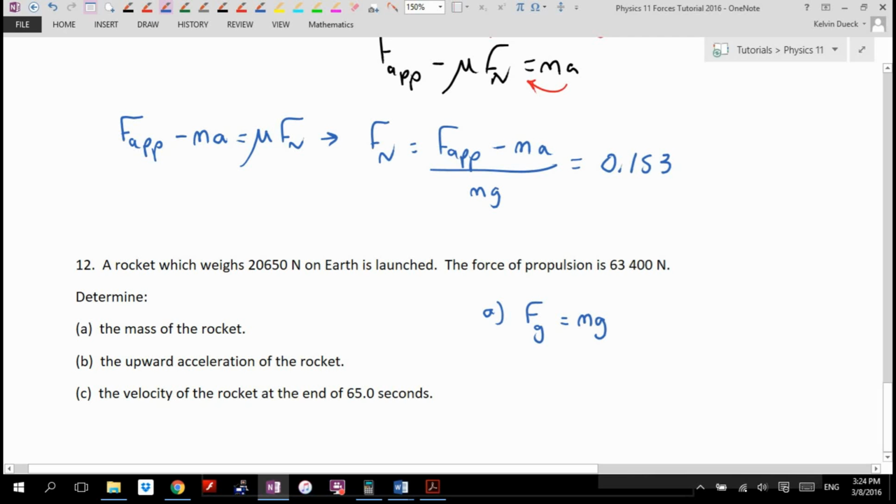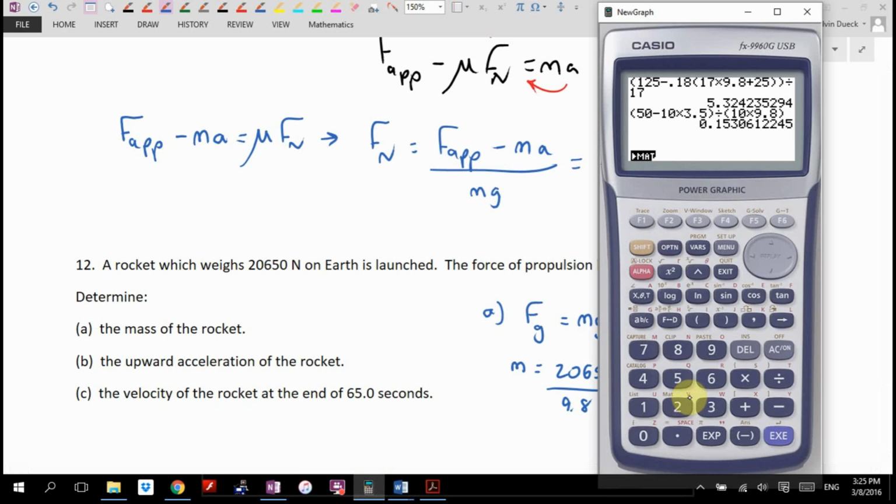How can I get the m by itself? Divide by g. So the mass is going to be 20,650 divided by 9.8, which I can't do in my head.